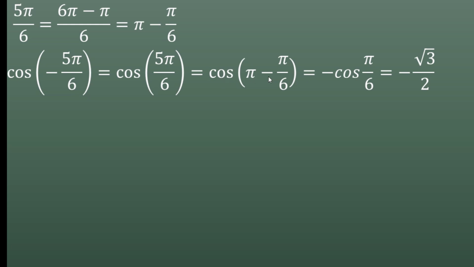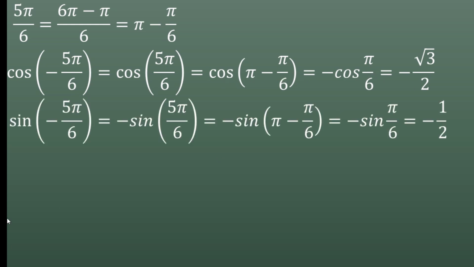Here we are in the second quadrant, so it is minus cosine pi by 6, which is minus radical 3 over 2. Sine minus 5 pi by 6: sine minus alpha equals minus sine alpha. Sine of pi minus pi by 6, in the second quadrant sine is positive, is sine pi by 6. We still have minus sine pi by 6 equals minus half.